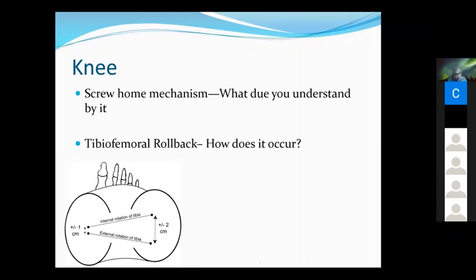Popliteus muscle. Popliteus is responsible for that. And which side do you have more rollback, the medial side or the lateral side? Lateral side. Yes. So on the lateral side you have more rollback.